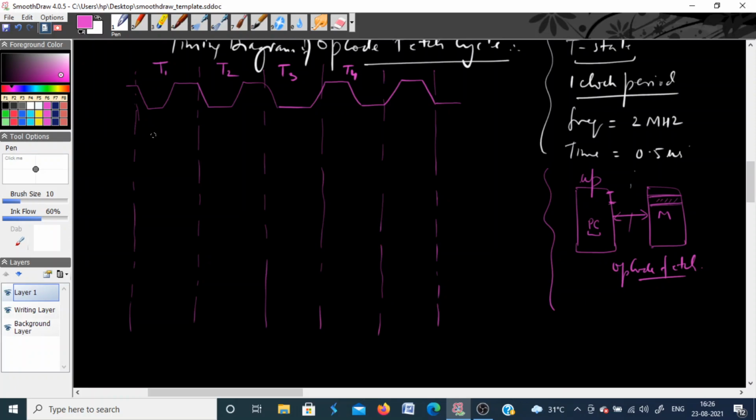First of all, you must have some data on the address bus, which will be placed from the program counter. You have your higher 8-bit address, that is A8 to A15, then the lower 8-bit address AD0 to AD7. So a group of 8 wires here, and similarly a group of 8 wires here.